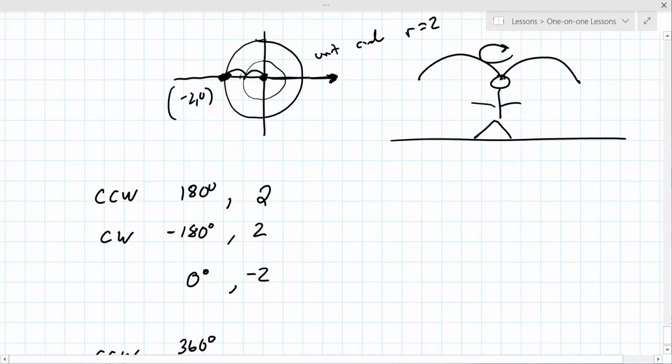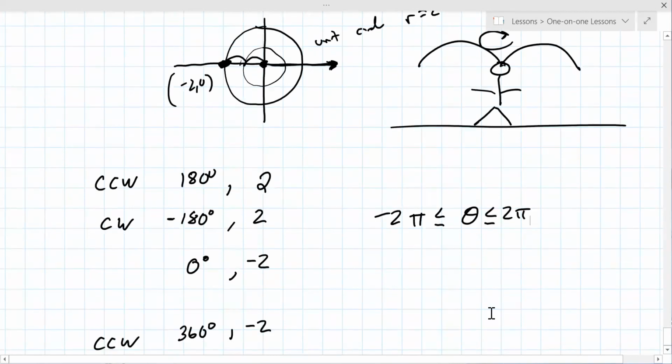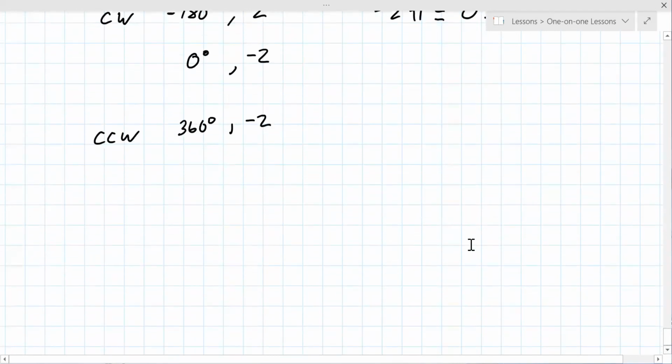You spin all the way around, so you're still facing to the right, and then you can take 2 steps back. Now, why am I going through this? It's because your problem says the angle can be anything in this window. Now you can also spin negative 360 degrees, and then you take 2 steps back.